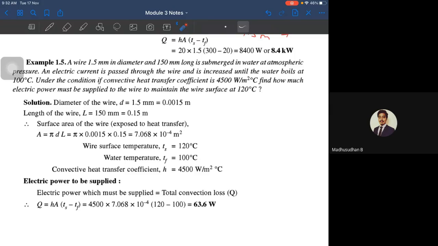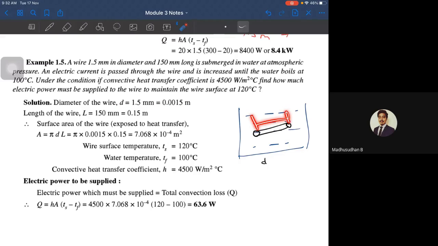So what he is doing, there is a bath. In this particular bath, there's a copper wire. I'll just draw it like this. There's a wire like this of 1.5 mm diameter, which is already given here, and 150 mm long.